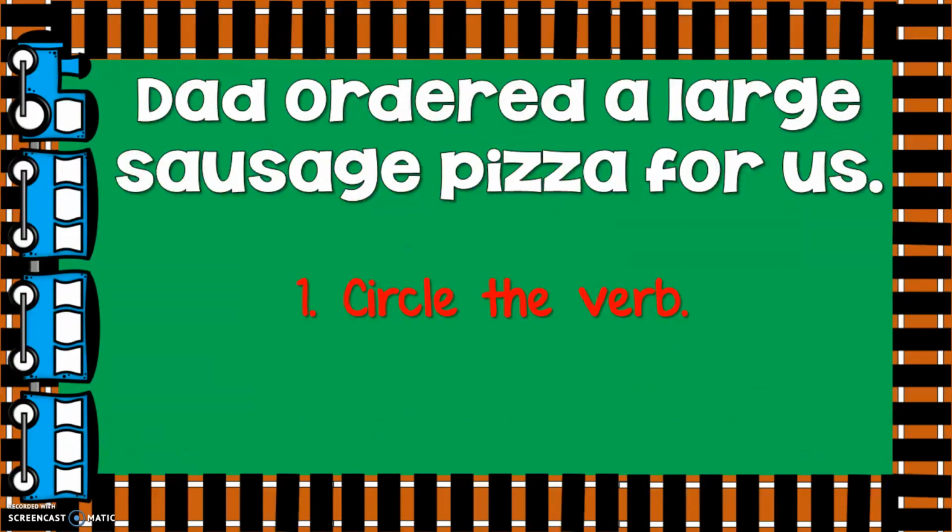All righty. 2 more sentences. Dad ordered a large sausage pizza for us. Verb, subject, predicate. All right, here we go.